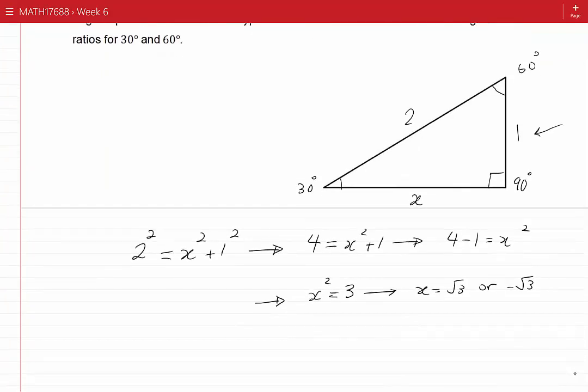Since we're dealing with a triangle and the length of a side cannot be negative, we ignore the negative root. Therefore, x is root 3.